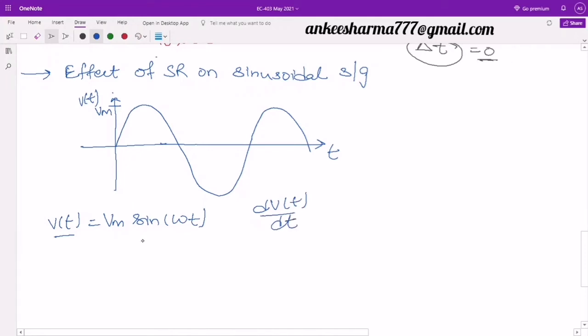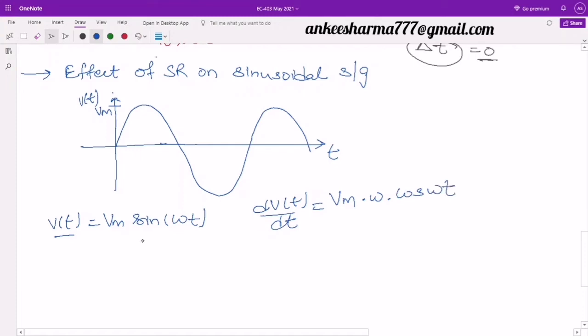Right, this is the way we check the rate of change of any signal. So we'll take the derivative dv(t) by dt, and you know the derivative of Vm sin omega t will be Vm into omega into, what is the derivative of sine? It will be cos omega t.